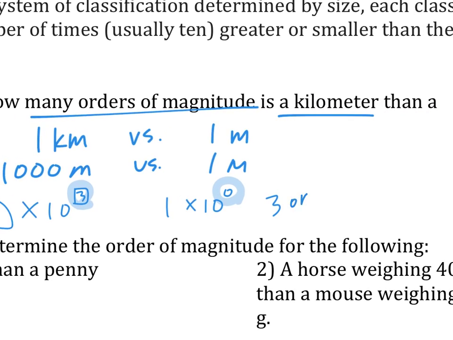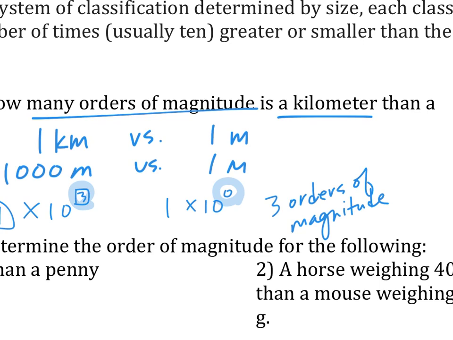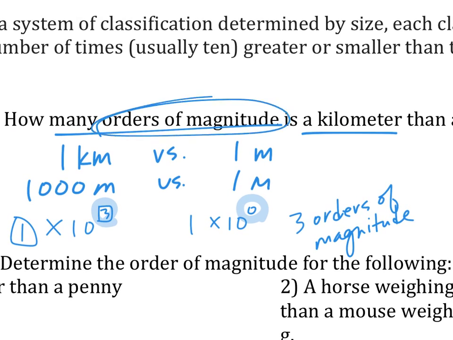3 orders of magnitude bigger. You have to look at the question, because this question is asking for orders of magnitude. How many orders of magnitude is it bigger? It's 3 orders of magnitude. If it says how many times bigger, it's 1,000 times bigger.